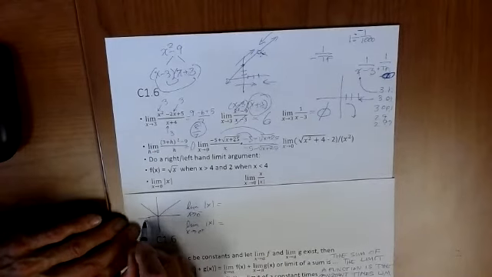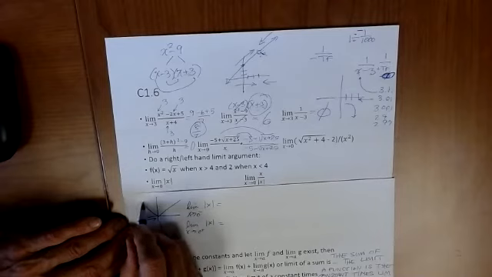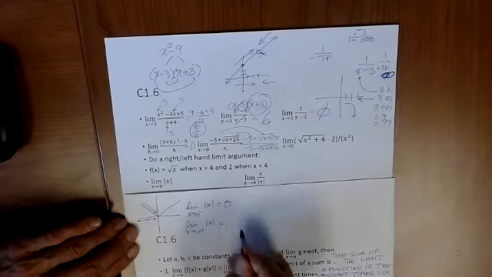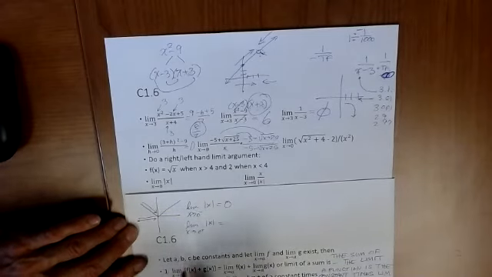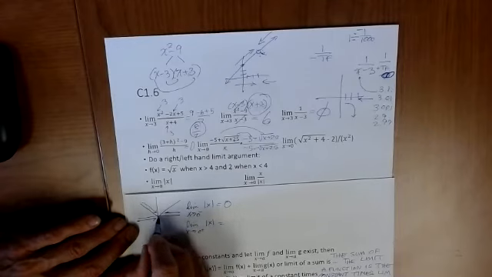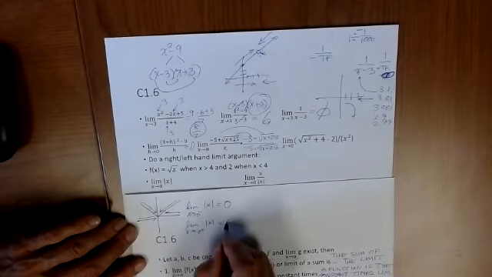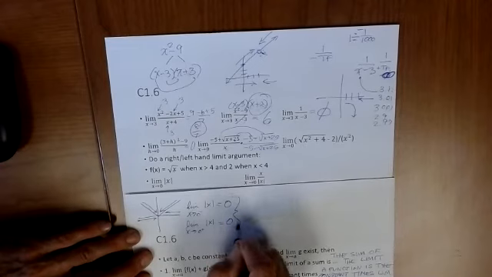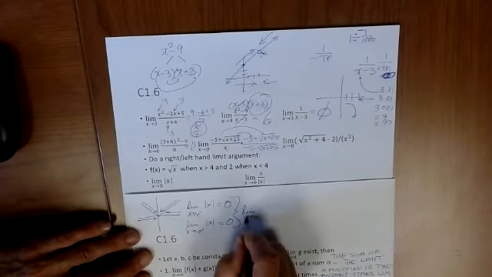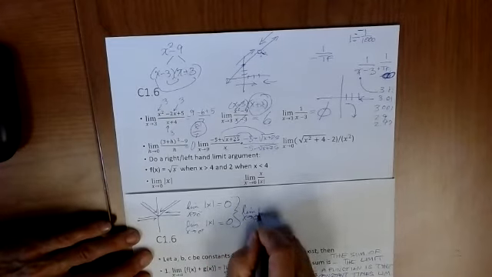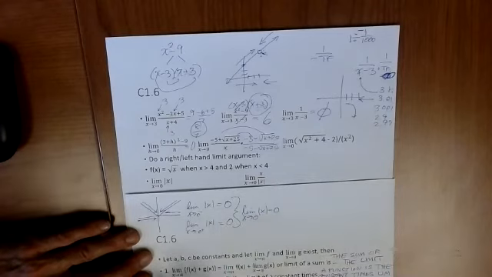From the left, as we come in on 0, do you see the function is also coming in on 0? From the right, as I come in towards 0, the function is heading towards 0. Therefore, the limit as x approaches 0 from both sides is 0.